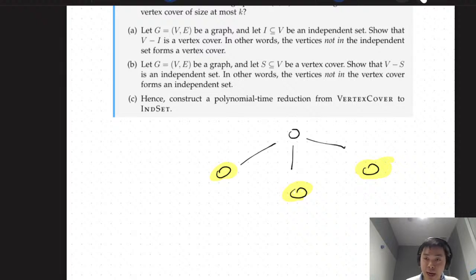But of course, the moment I add in this vertex, it no longer is an independent set, right? Because you can see that these two vertices share an edge, these two vertices share an edge, and these two vertices share an edge. So if I add in the blue vertex, then it's no longer independent. But if I just look at the yellow vertices, then they form an independent set. Okay.